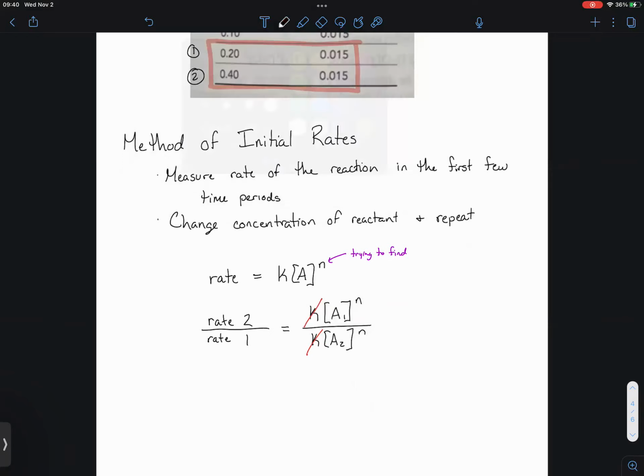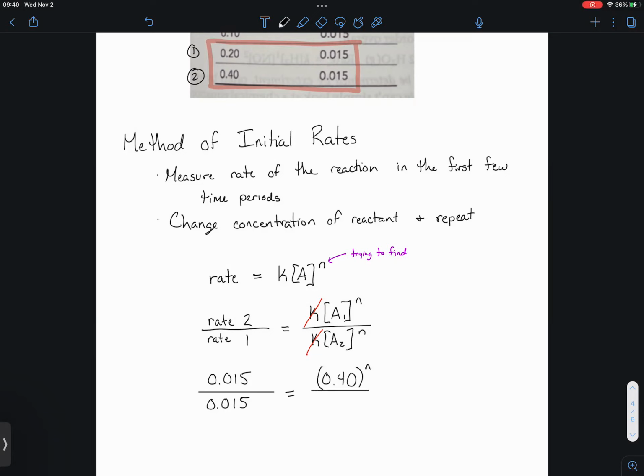So now we're going to plug in our variables. The rate at point 2 was 0.015. The rate at point 1 was also 0.015. My concentration at point 2 was 0.40 to the power of n.